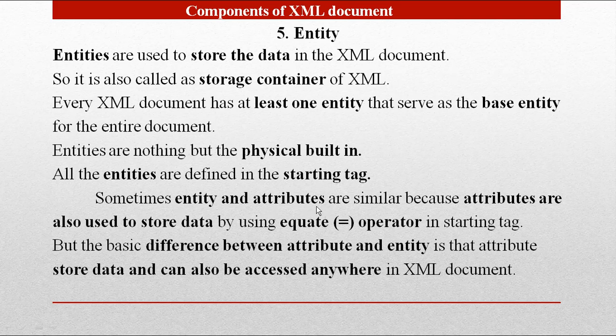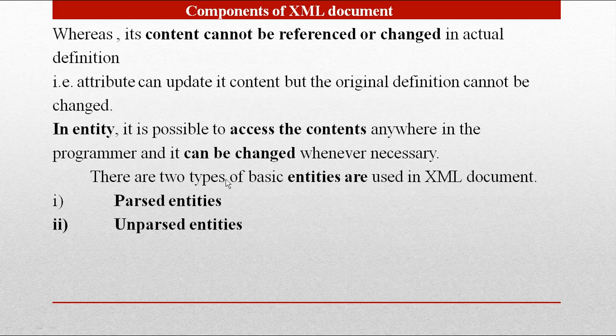Sometimes entities and attributes are similar, because attributes are also used to store data by using the equal operator in the starting tag. But the difference between attribute and entity is that an attribute's content can be updated, but its original definition cannot be changed.